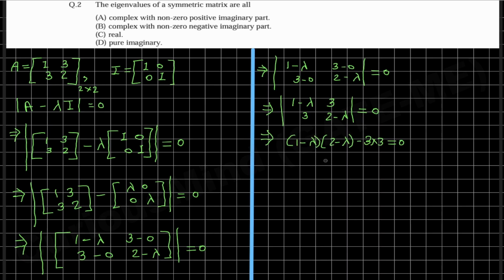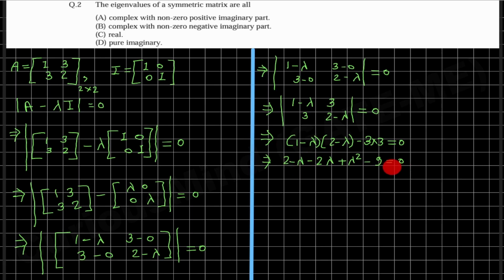All right, we have the expanded form of the determinant. Now we would further simplify this equation by multiplying through. So we have the next expanded equation.